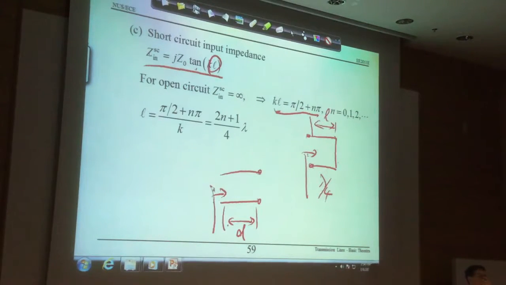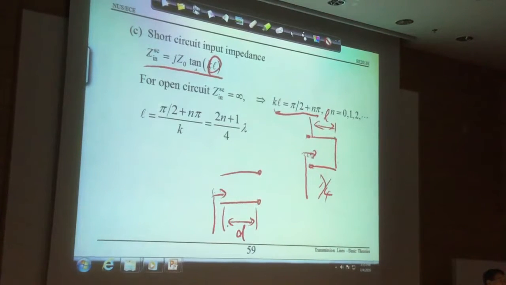Also, from our previous understanding, at what distance will the input impedance be the same? It is lambda over 2, right?